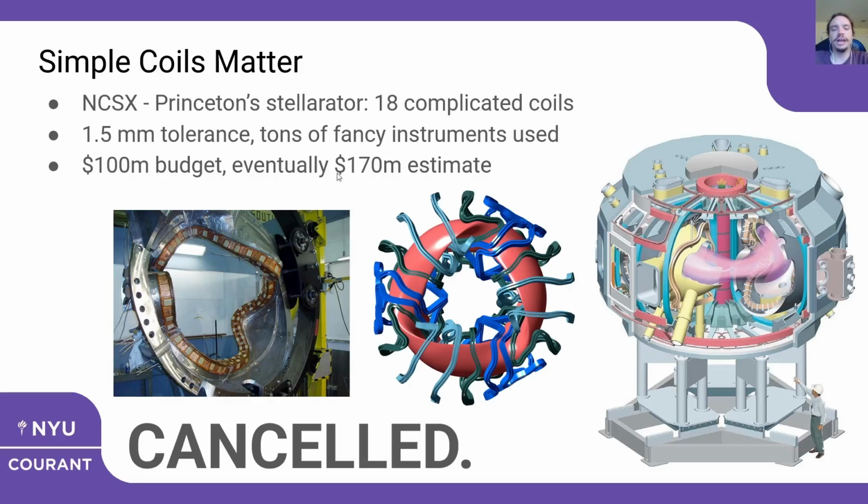Eventually, they were up to an estimate of $170 million, and their project got canceled before they could even finish it. So it really, really matters to not only design your device so that mathematically it works really well, but also so that the engineers and physicists and experimentalists that are trying to build it and do experiments with it can actually build it in the first place. So this is something that I've had to get used to, going from working on pure math to working on something that affects the world.